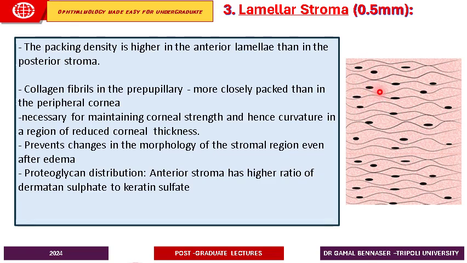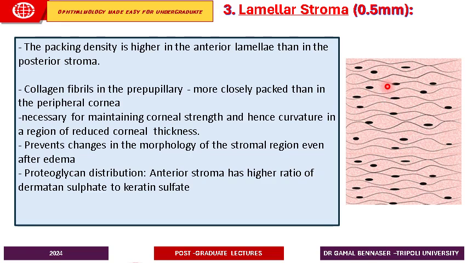And this might also explain that in keratoconus, the bulging of the cornea is because of the defect that happens in the posterior 2/3 of the cornea, as the packing and the density of this area is less as compared to the anterior 1/3 of the stroma.